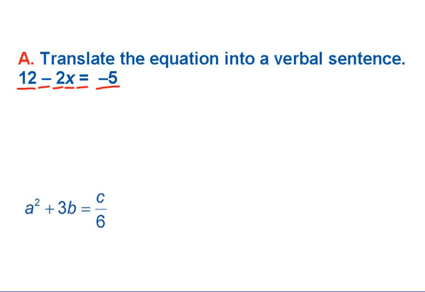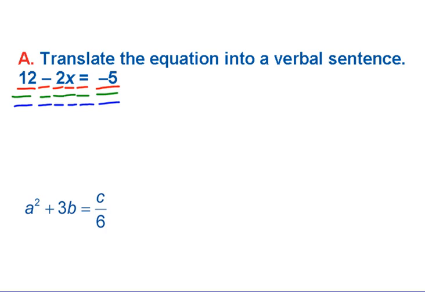One of them might be a number x times 2 is less than 12, or less than 12 is negative 5. One of them might be 12 decreased by 2 times the number x equals negative 5. So there's a number of different ways we can write that.